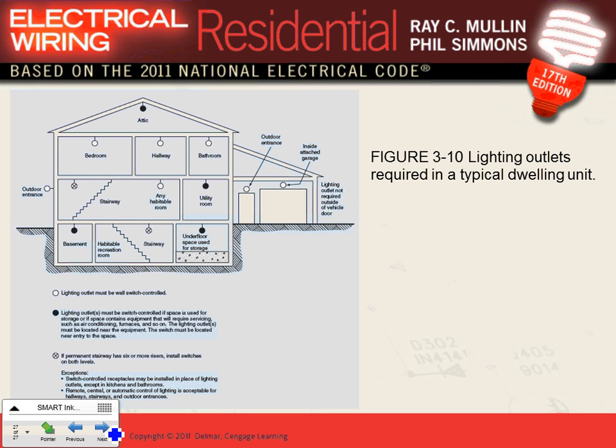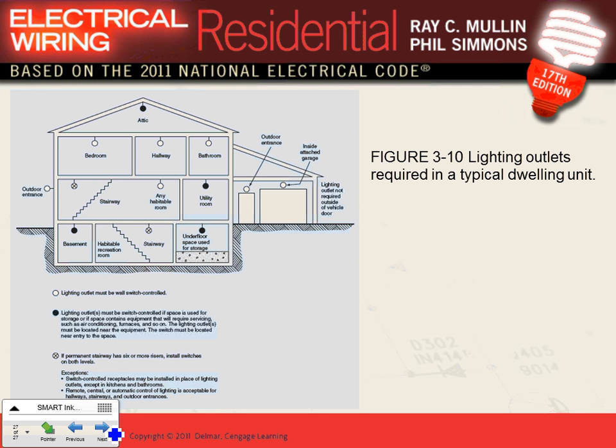Okay, so the last thing I want to talk about in this chapter, if I can get your attention for one little second, is one more receptacle we forgot to talk about. HVAC equipment needs maintenance, so you are required to put a receptacle within 25 feet of every HVAC equipment and air handling unit. In our case, the only one we're going to have is the air conditioning outside.